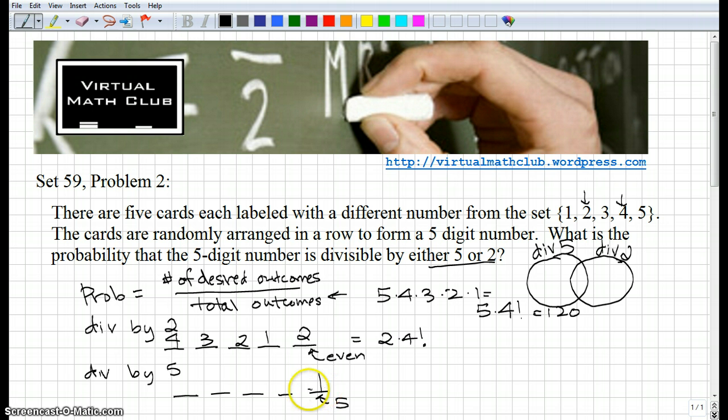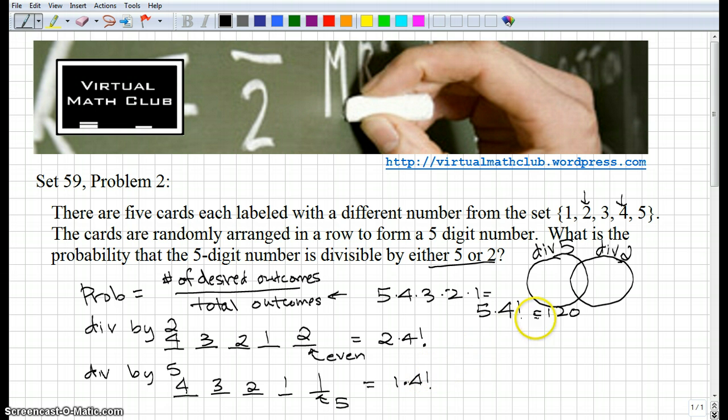So we only have 1 choice for that digit. And then we don't really care how the other ones are arranged, because no matter how the other digits are arranged, it's going to be divisible by 5 if it ends in 5. So here we just have 1 times 4 factorial. And those are our 2 cases.